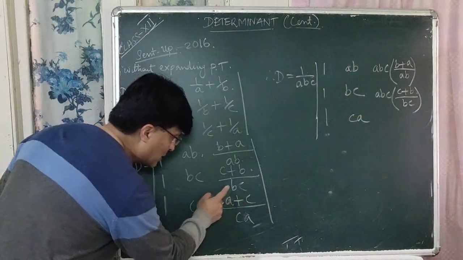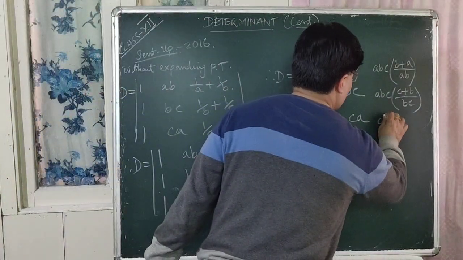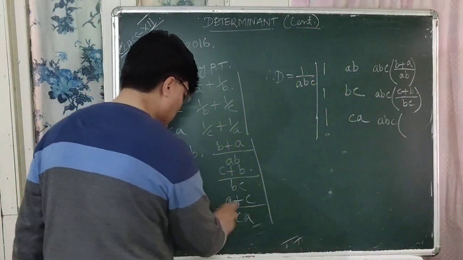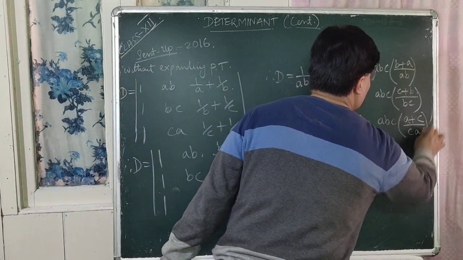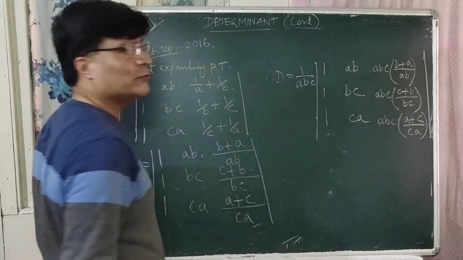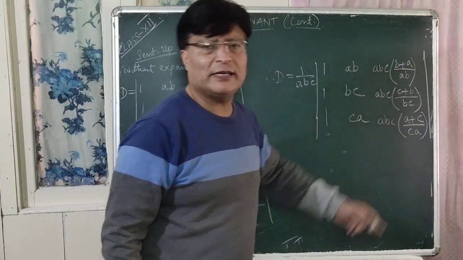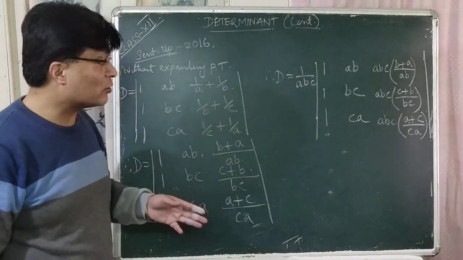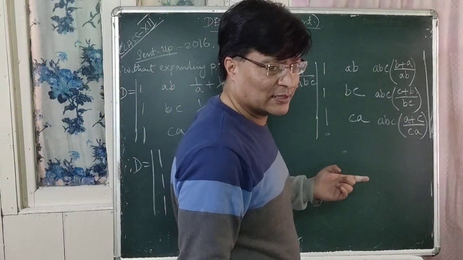Again, the third element of the third column is also multiplied by ABC. So ABC within bracket, what do we get? A plus C divided by CA. Is it clear now? Since we have multiplied each and every element of the third column by ABC, you have to cancel it.